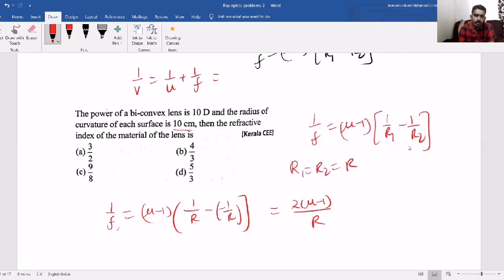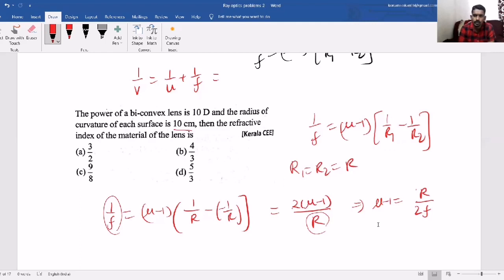So the 1 by F value they have given, and the R value is given. Now what you have to find is the mu value. So mu minus 1 equals R by 2F.